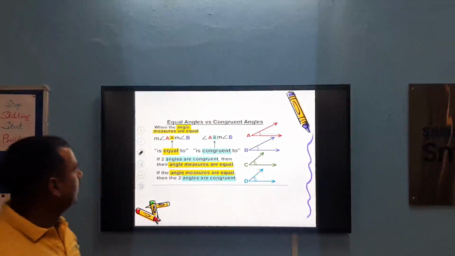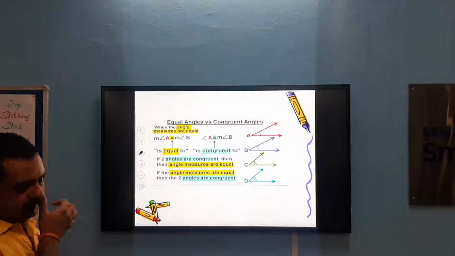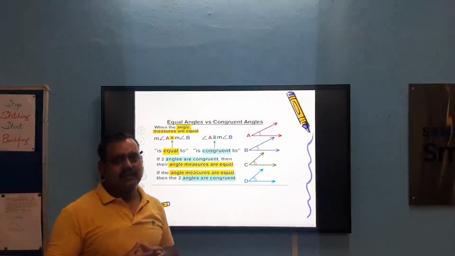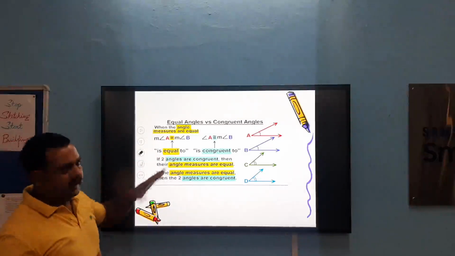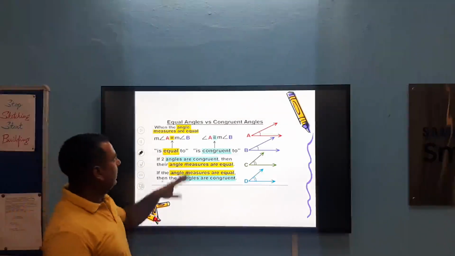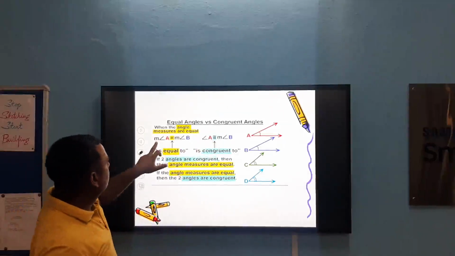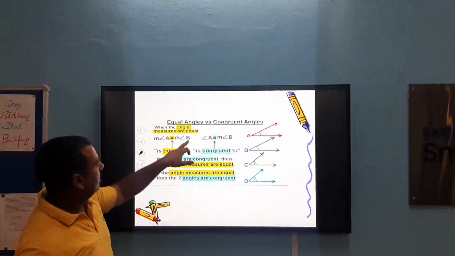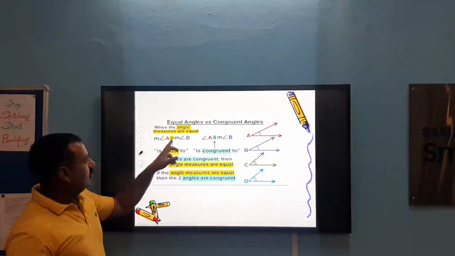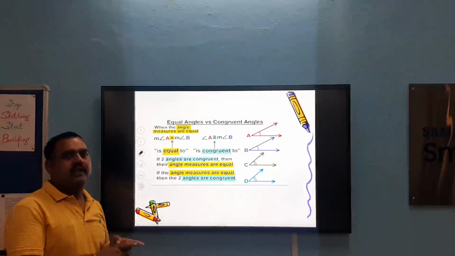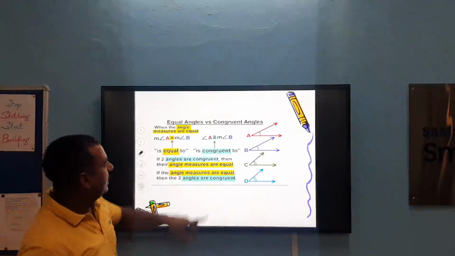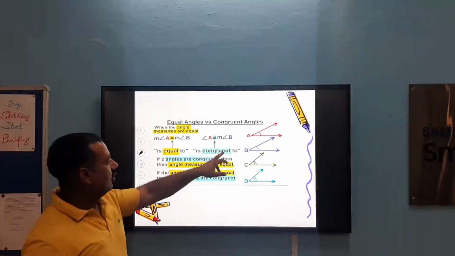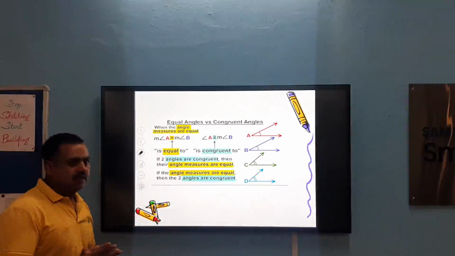This is the example of equal angles versus congruent angles. Sometimes we have confusion about equality and congruency. In the case of angles, both are the same. If we write measure of angle A equal to measure of angle B, this represents that angle A is equal to angle B. And if we write angle A congruent to angle B, it means they are congruent.